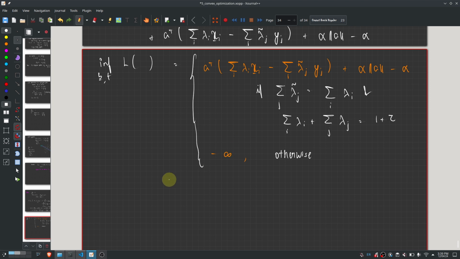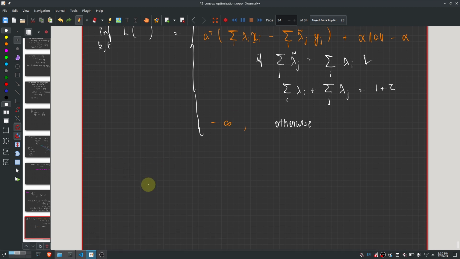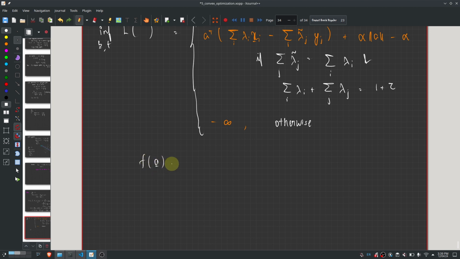But how do we solve this? In fact, let's consider a simpler problem. Let's suppose f of A is equal to A transpose some vector, let's call it x, plus alpha times norm of A. What is the infimum over all A of f of A?